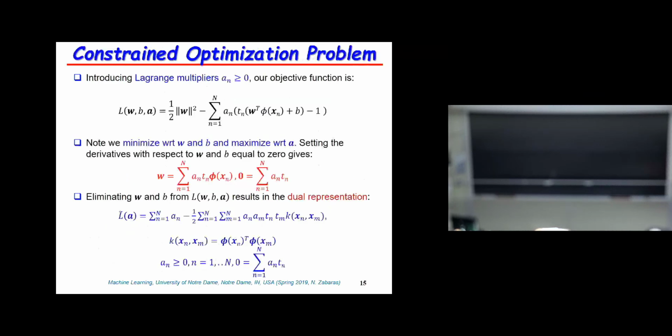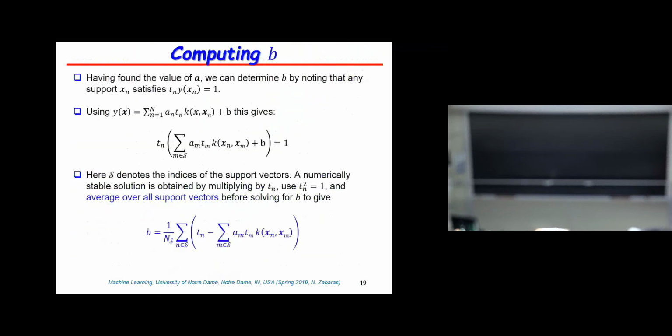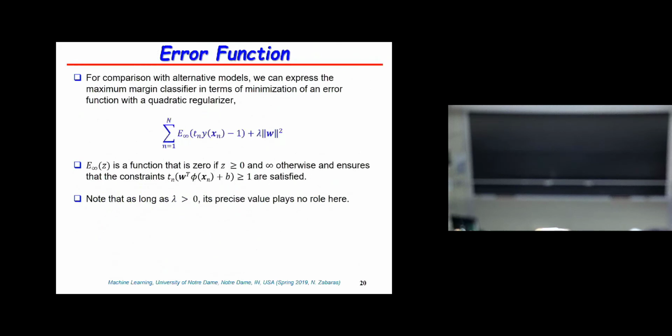So what you can do is define an error function based on that constraint with the argument tn y of xn minus 1. You define this error function such that if this argument is greater than or equal to 0, the loss is equal to 0.